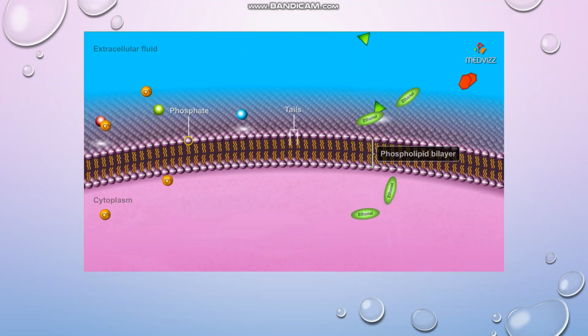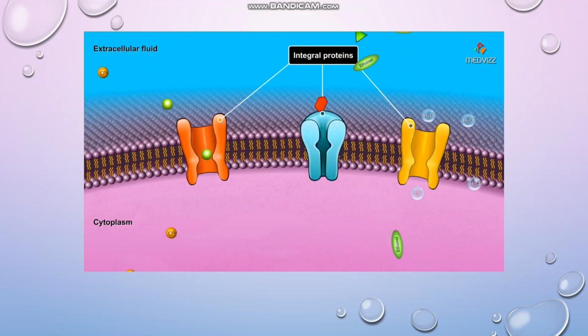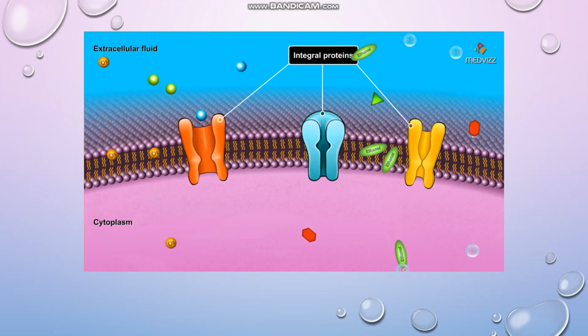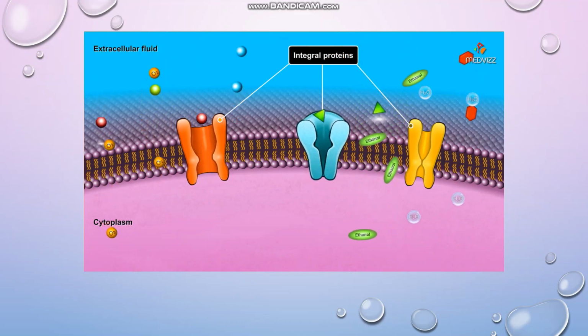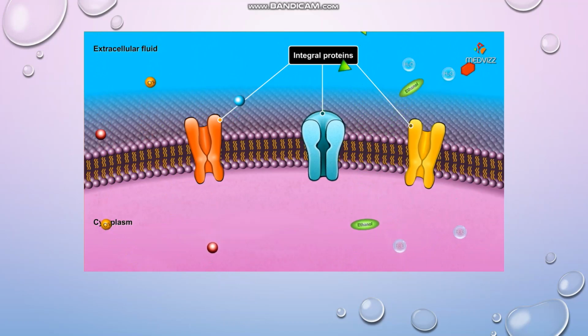So this membrane forms the channel for the different molecules to pass through it. It has various integral proteins which act as channels and pumps.